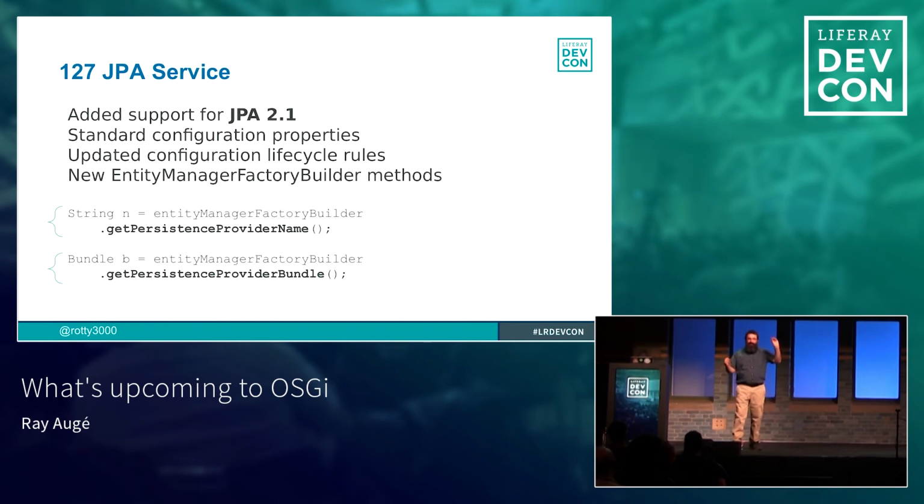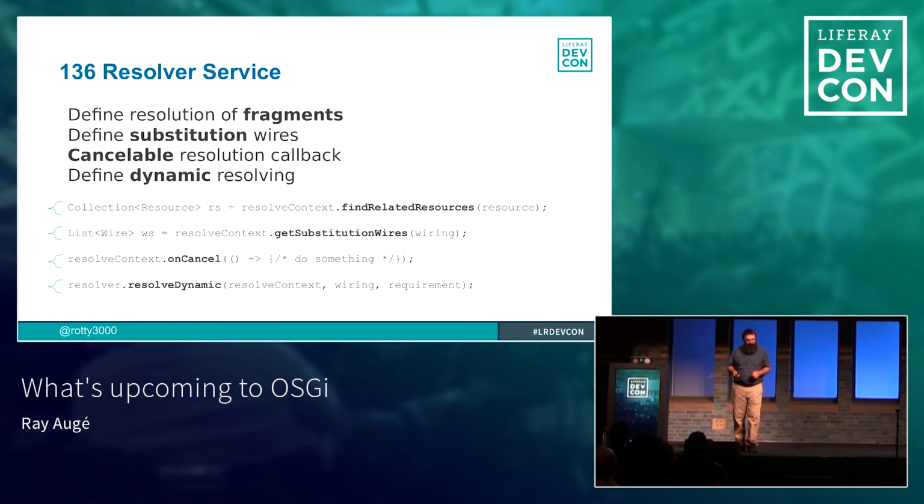So when the configurations are updated, there's a proper life cycle related to all of those objects so that you can tear down and reconstruct safely, and it's all well defined. And finally, in order to properly support XA, or distributed transactions, there was a little bit of information missing that was making it very difficult to integrate well with all of the different persistence providers out there that supported XA. And so a couple of new methods were added here to support that use case.